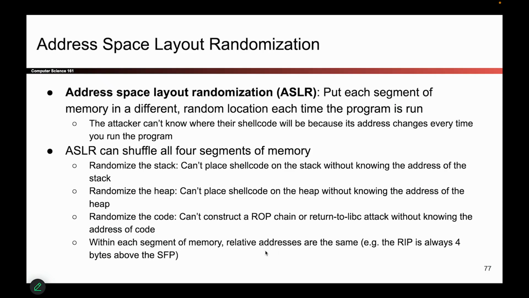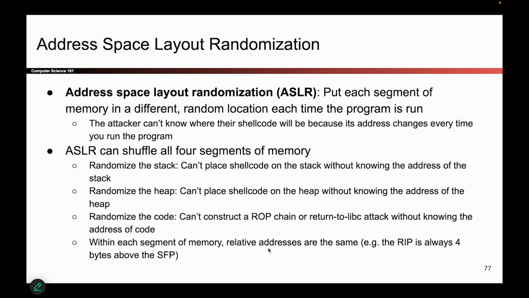So we could take the stack and drag the entire stack upwards so that instead of addresses 1,000 to 2,000, it now lives in addresses 4,000 to 5,000 or 8,000 to 9,000. That's something you can do. But within the stack, you can't shuffle things inside the stack. That would break the program. So you can't go in the stack and just shuffle everything around. Inside the stack, everything is still in the same relative location.